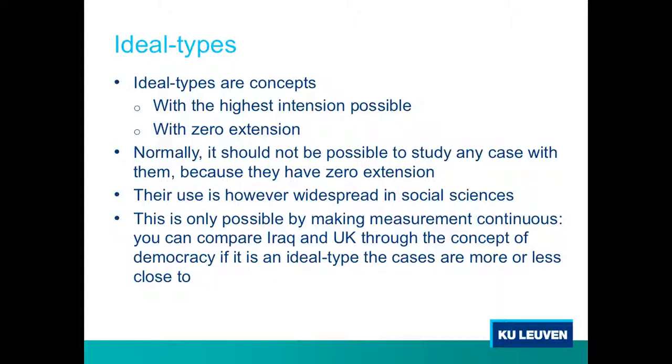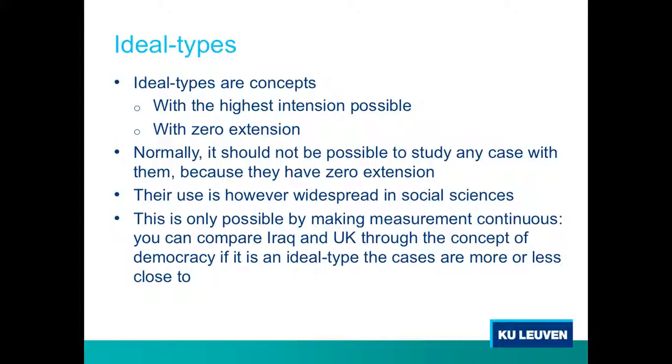It means it is a model, it is an ideal situation. Logically, because intention and extension are inversely related, ideal types have zero extension. It means that there exists no case in the world that complies with all definitional attributes of an ideal type. It's because it's an ideal situation, a model, right?